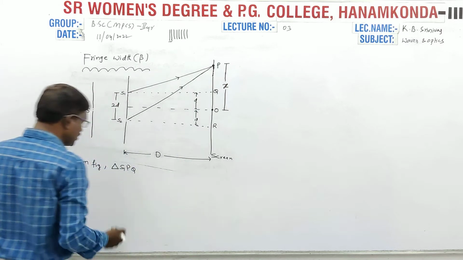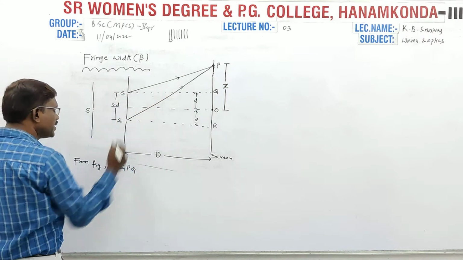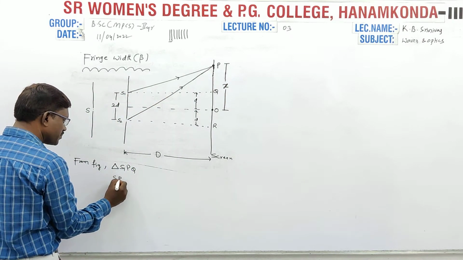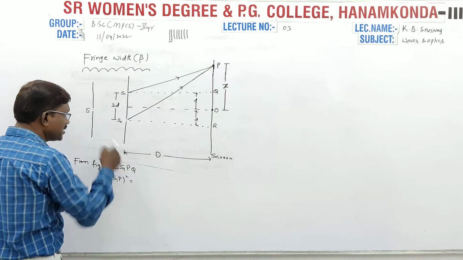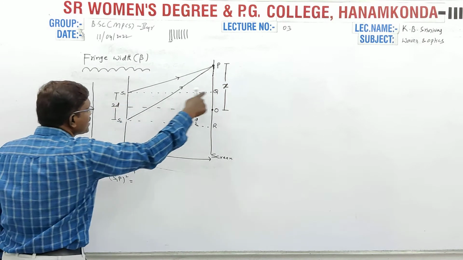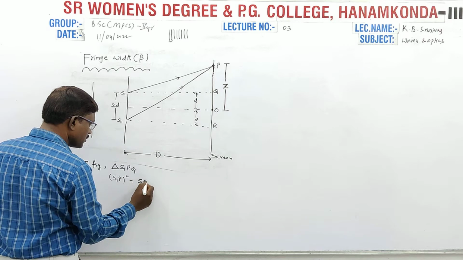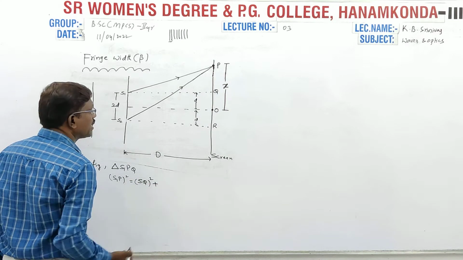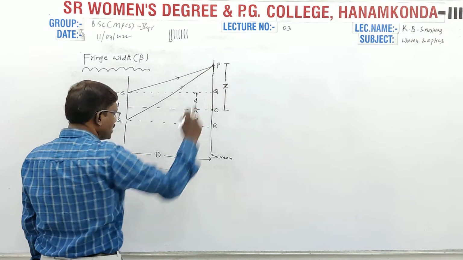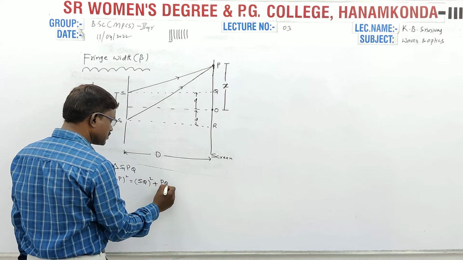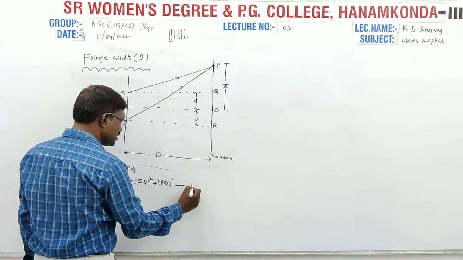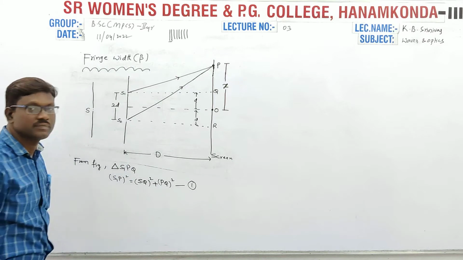Hypotenuse square is equal to base square plus height square. What is the hypotenuse of this right angled triangle? S1P. What is the base? That is S1Q. The height of this right angled triangle is PQ. Clear? Let this be equation number 1.